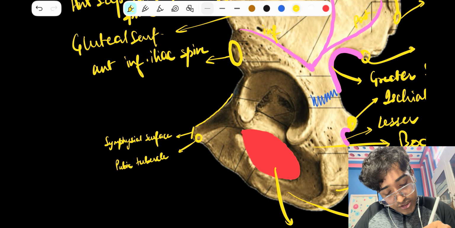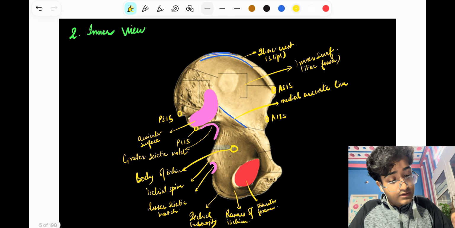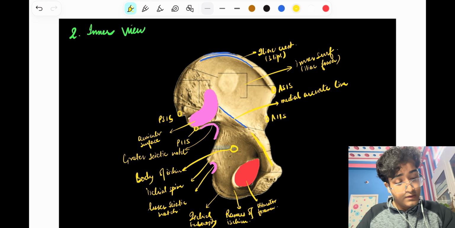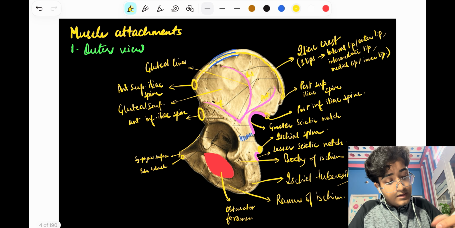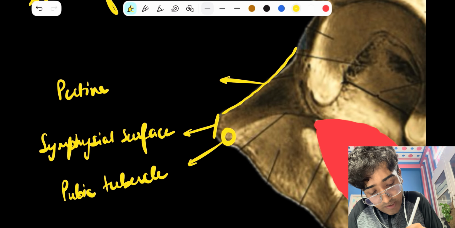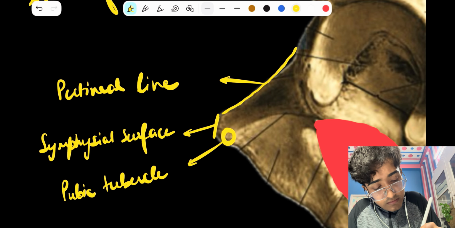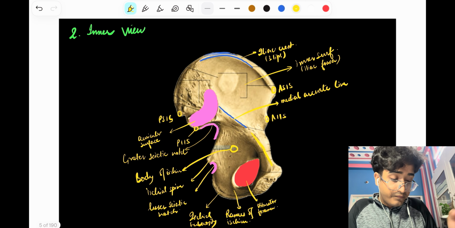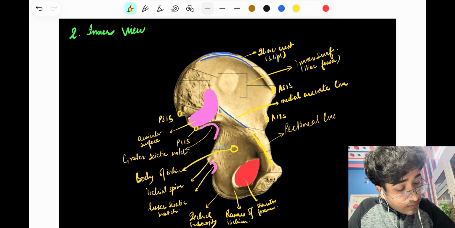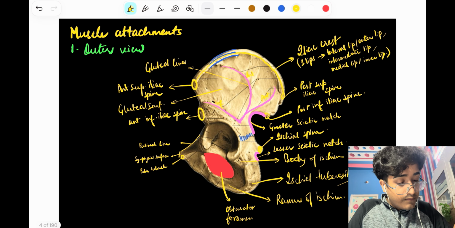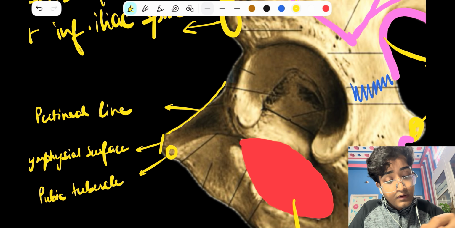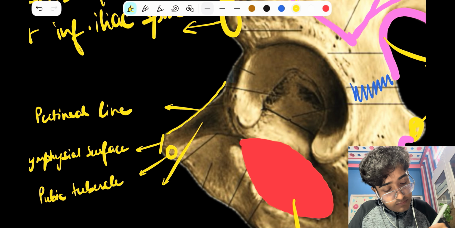This margin, which is a continuation of the medial arcuate line, is known as the pectineal line. The surface just below the pectineal line is known as the pecten pubis.